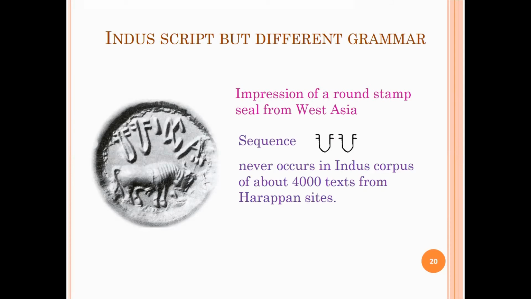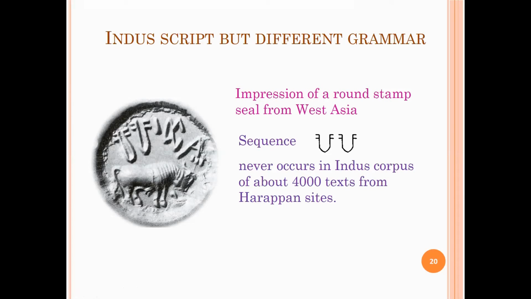For example, here in this circular seal, you can see the pair 342, 342 is appearing twice. This pair never occurs in the Indus corpus coming from the sites which are located in the Indus Valley region. However, this pair was occurring in the seal which was found at a West Asian site.